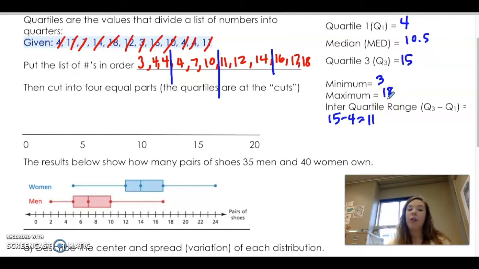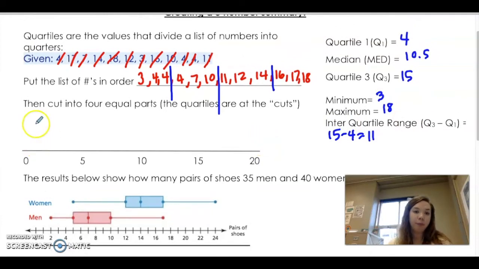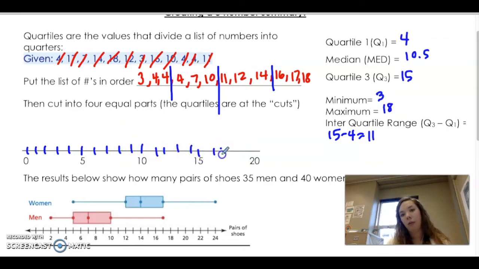Now we're going to graph it on our number line here. So I'm going to go ahead and add in tick marks. 1, 2, 3, 4, 5, 6, 7, 8, 9, 10. Okay, that just helps sometimes. So 4, well here, our minimum is 3.